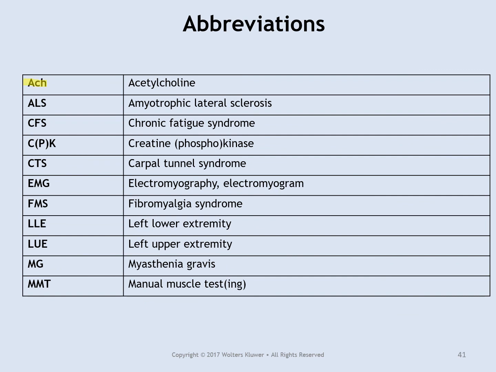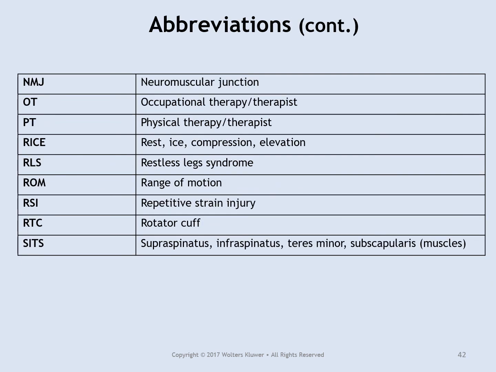Abbreviations, the main one I'm seeing is acetylcholine. ALS we covered, CFS we looked at, creatine kinase, carpal tunnel, electromyography, fibromyalgia, lower left extremity, left upper extremity, so that'd be left leg and left arm, Myasthenia Gravis, neuromuscular junction, occupational therapy.